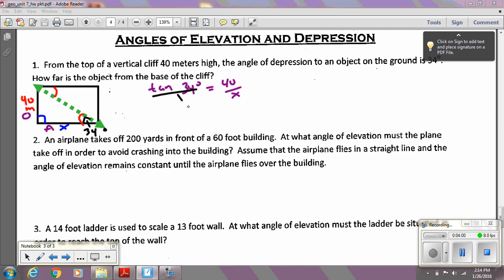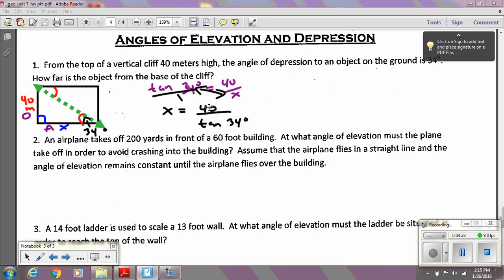I can simply just say, switch these two, x and the trig function, and I would end up getting x is equal to 40 over tangent of 34 degrees. That helps out a lot, makes it a little easier.